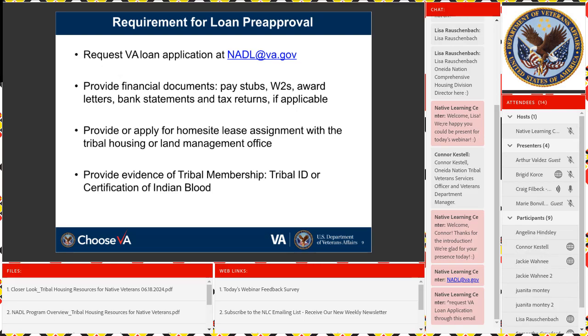We need the home site lease agreement to extend at least 14 years past the term of the loan. In addition to gathering those documents, we'll also ask for a tribal ID or a certificate of Indian blood. We need our Native veterans to be enrolled members of the tribe of which we have an MOU with.